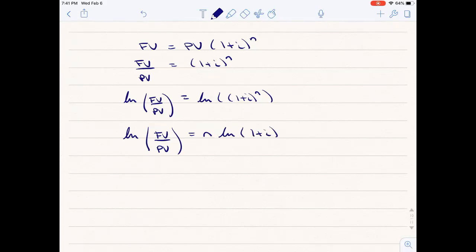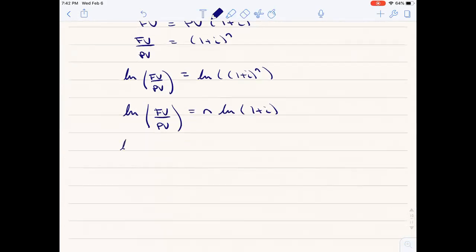Because I know the reason I took the log is to bring that power down in front, I don't actually have to write that middle step there. Now I can solve for n by dividing both sides by the log of 1 plus i. So I get the log of the future value over the present value, over the log of 1 plus i, is n.